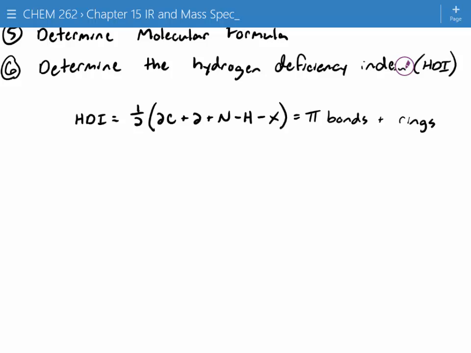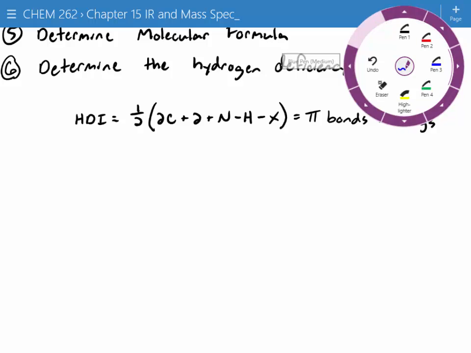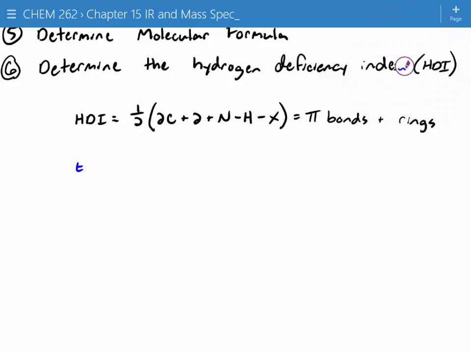For example, if you tried to do the hydrogen deficiency index for C4H8 from our problem of the day, what should it be? Let's try to do this. C4H8. It will be 1/2 times (2 times 4 plus 2.